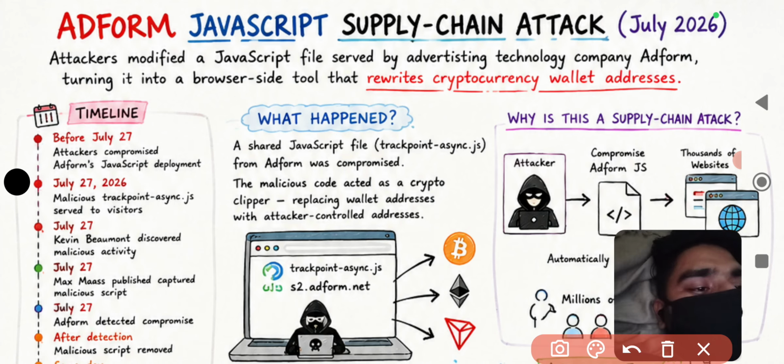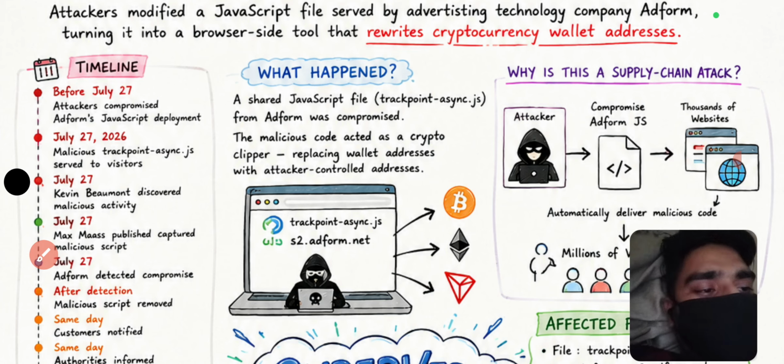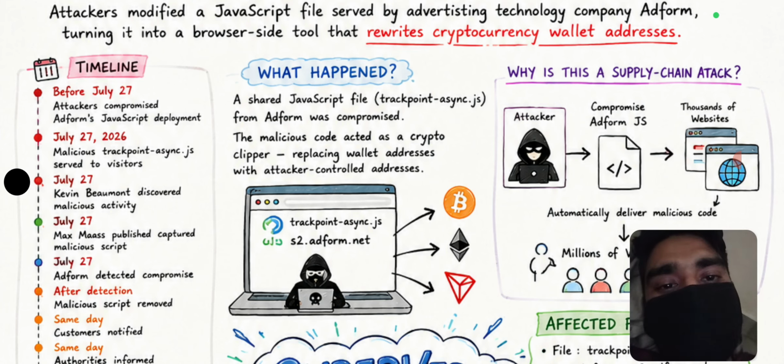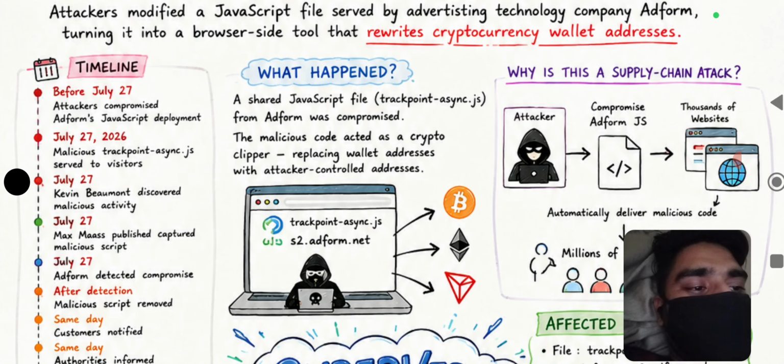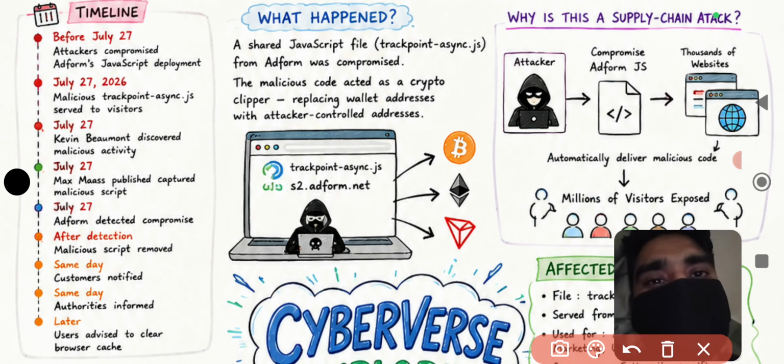Now the timeline of the event. We need to consider a few things. Before July 27, the attackers compromised the Adform JavaScript deployment.